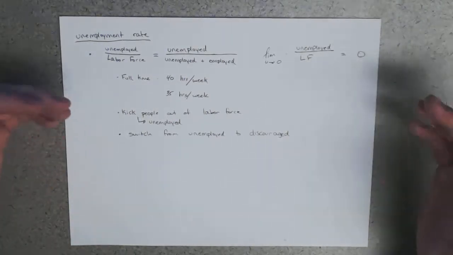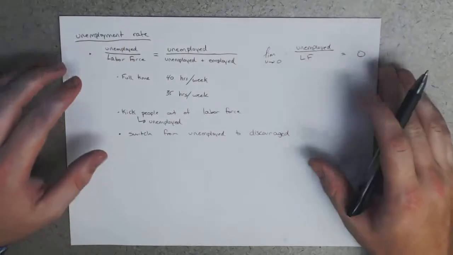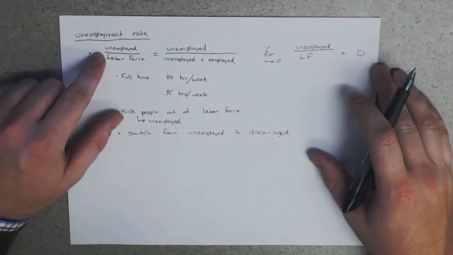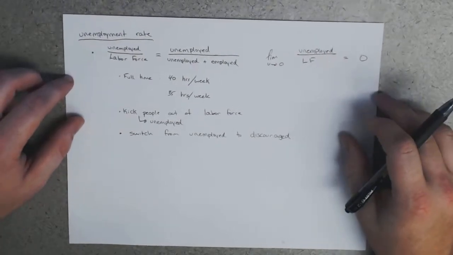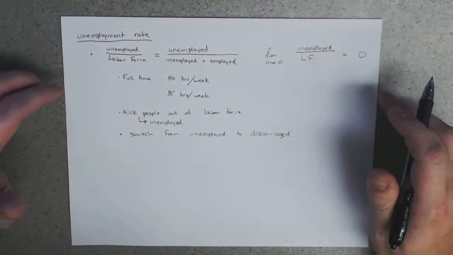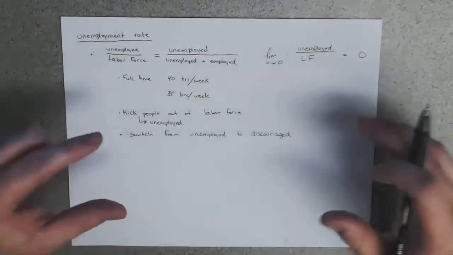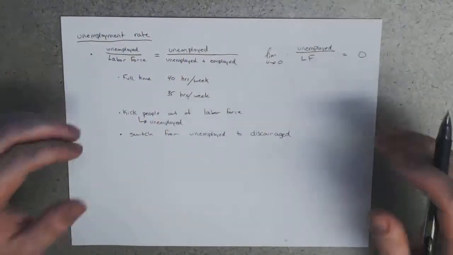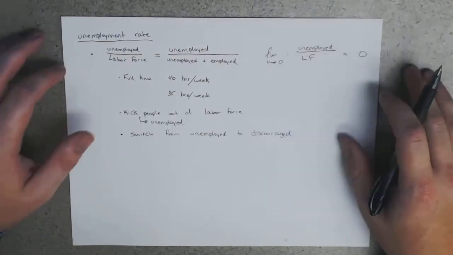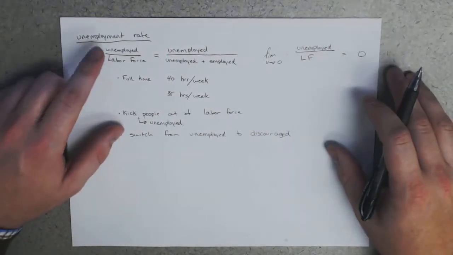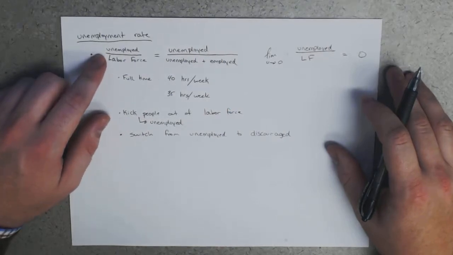But if you think about it, the unemployment rate is nowhere near as objective or hard and true as temperature is, or how long a foot is. 12 inches is 1 foot. We know exactly how long a foot is. It's not context specific. There's no underlying trickery there. This number is not as objective as those things.